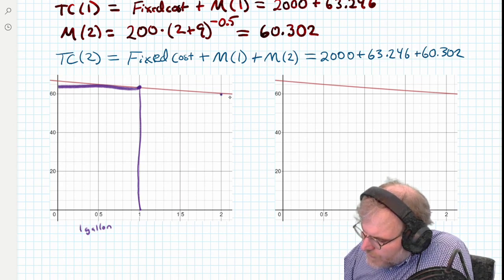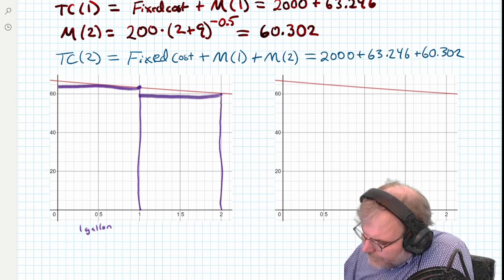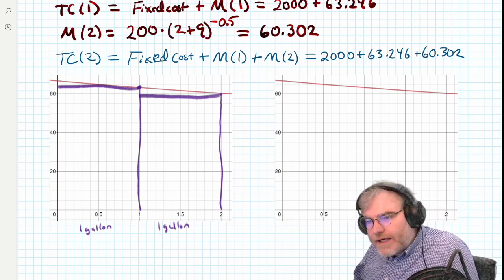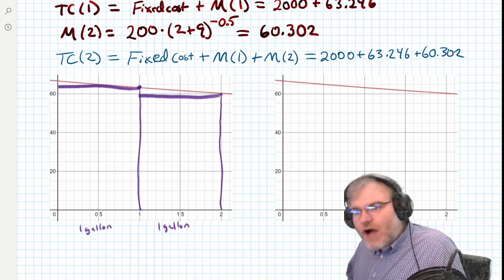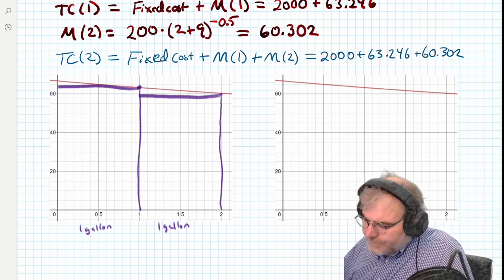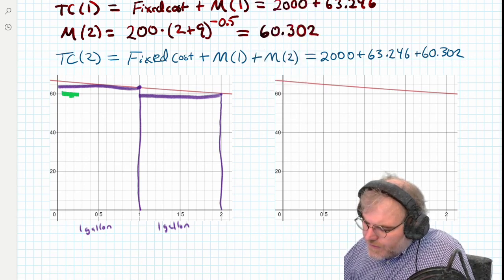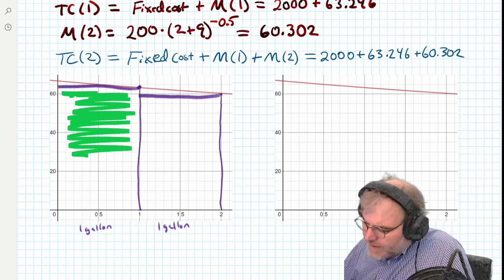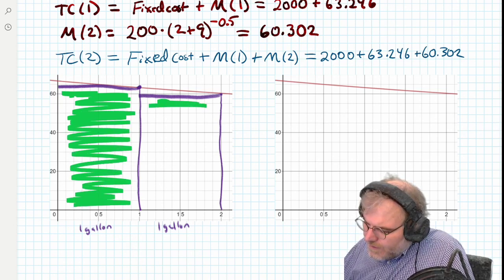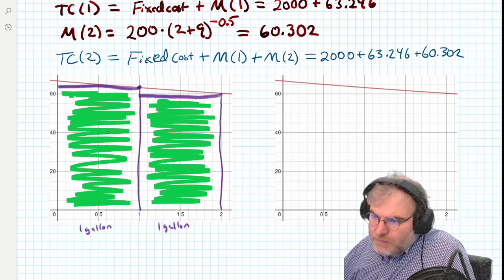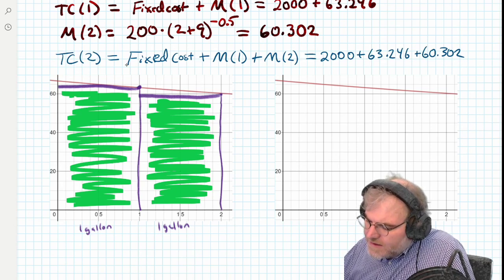And the cost of producing the second gallon of gasoline is that rectangle. Right? It's one gallon of gasoline times the marginal cost. So the total cost of producing 2 units of gasoline is this unit there, plus this unit there, plus the fixed cost.